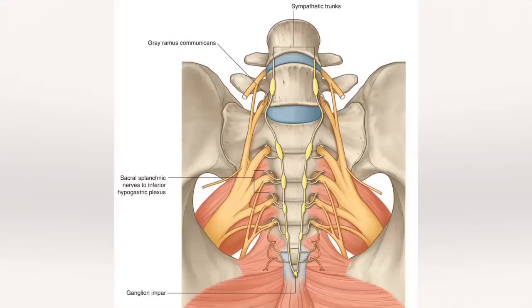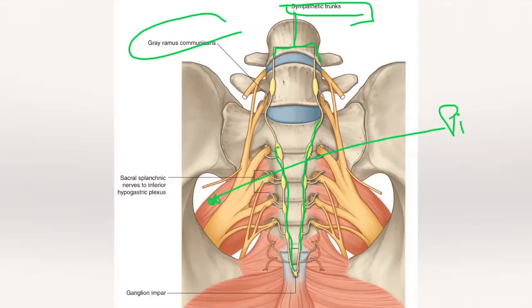You see, this is the sympathetic trunk, very adjoining to the bone, whereas this is the piriformis muscle. This is the lumbosacral trunk.